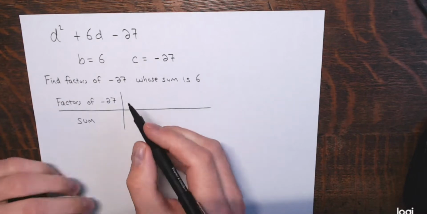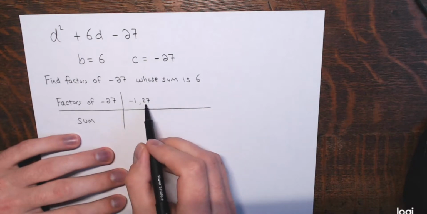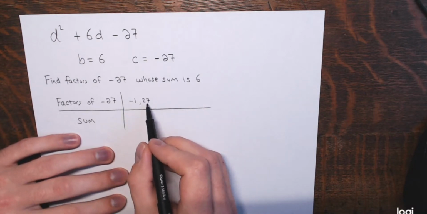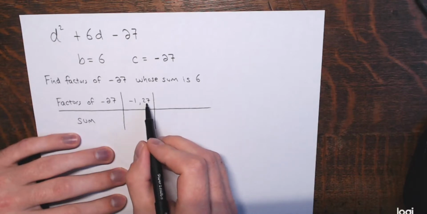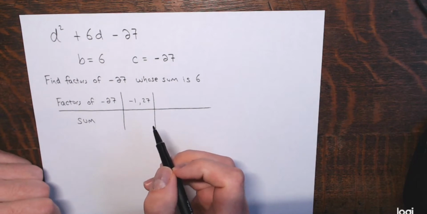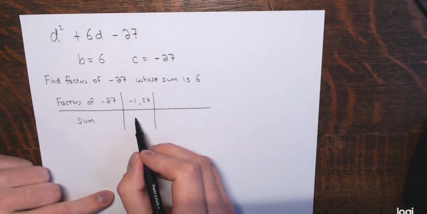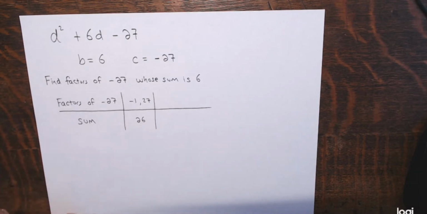So like negative 1 and positive 27, right? I would want to use that pair instead of negative 27 and positive 1, because I want the positive factor to have a larger absolute value or a larger magnitude. That way when I add them, it's a positive number, right? Negative 1 plus 27 would be positive 26. But that's not good, right?